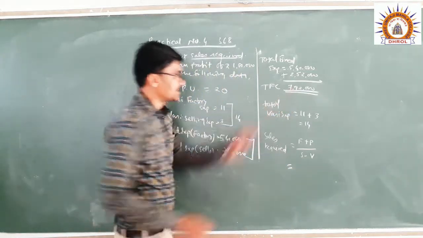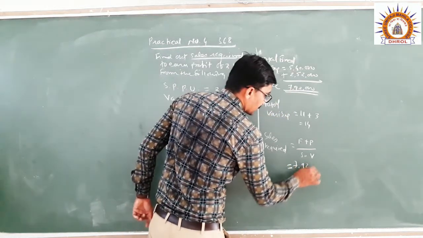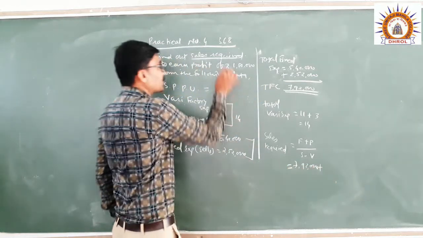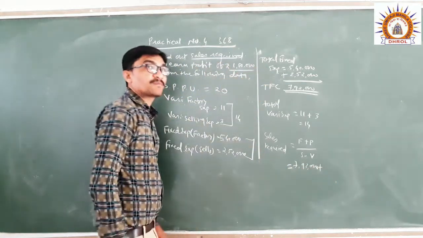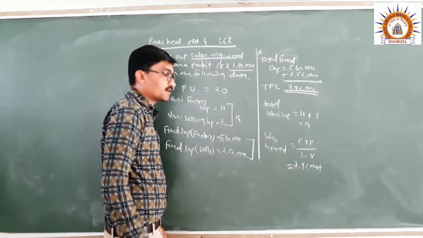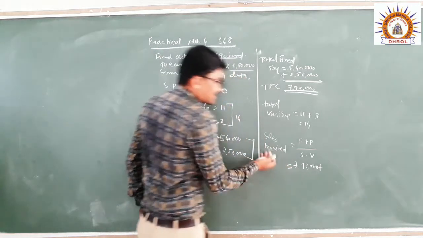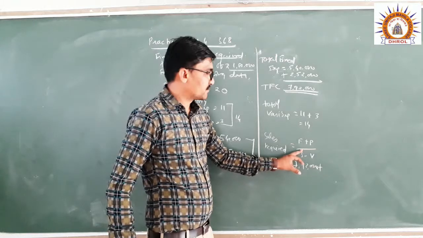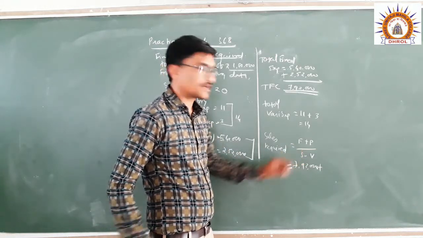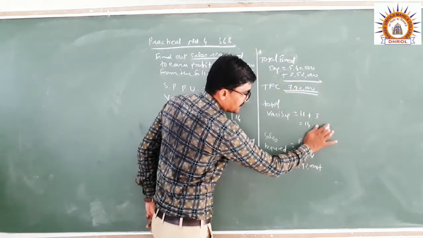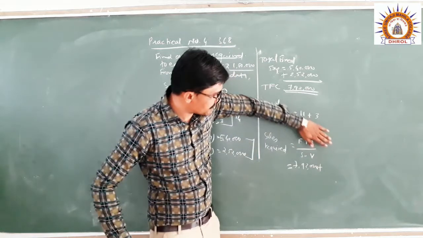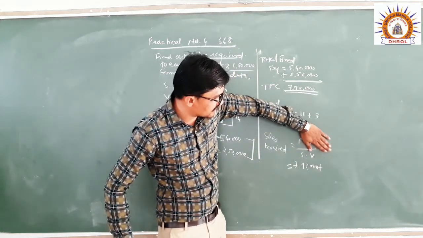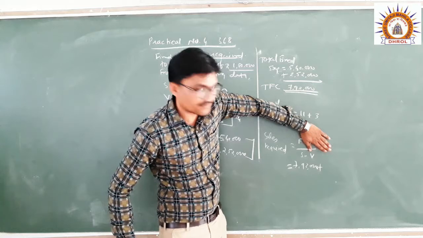Now fixed expense is 7,92,000 plus profit is given. With the help of profit you should calculate the required sales, and this formula is the same as the break-even point in terms of units. See, if the P is absent here, then this formula relates to the break-even point in terms of units.